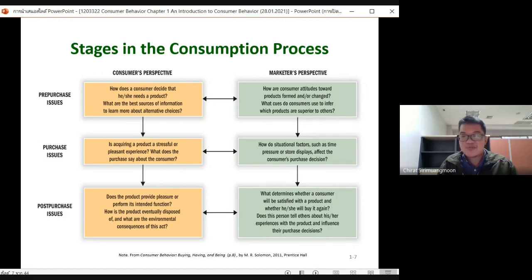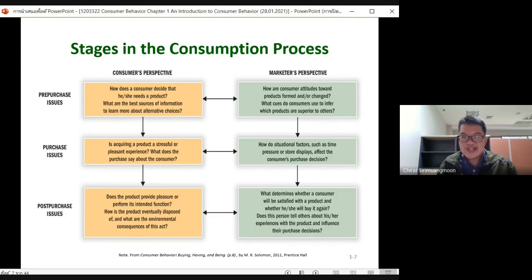How about the marketer perspective? For pre-purchase issues, marketers are going to think about what the attitude is. Attitude plays an important role for marketers in considering what factors will lead consumers to buy the product. So they think about attitude toward the products, or what signals show that consumers will buy your product. Marketers need to evaluate and understand it.